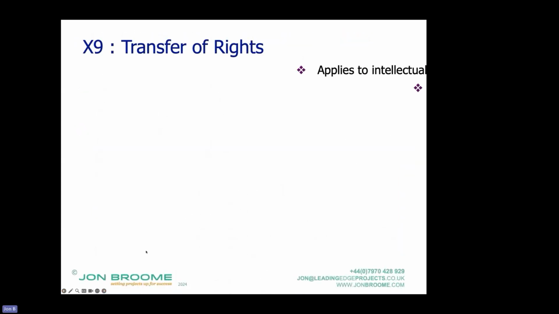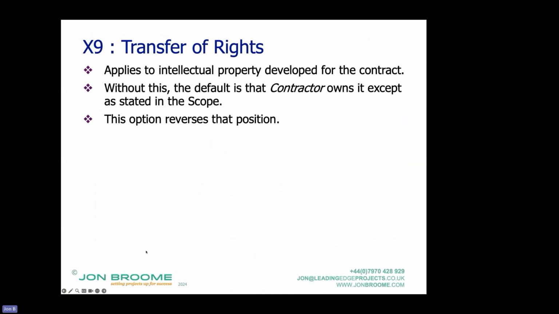Then we've got transfer of rights. So this is transfer of intellectual property, right? So stuff that people have developed for the contract. Without this option in here, the default is that the contractor or the consultant under the professional services contract owns that intellectual property.